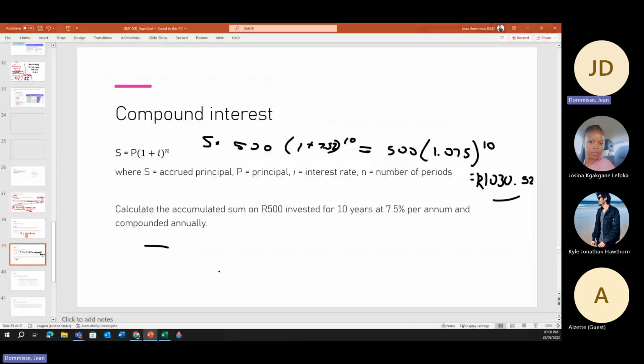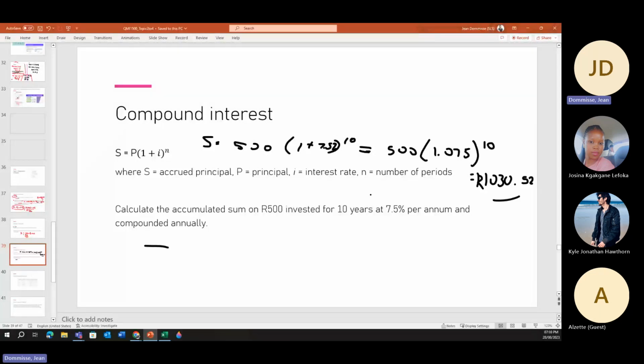Then I do it for 10 years, so 10 N. Let me change that, it is not 12 times a year, it needs to be 1 time a year. Then if you press your future value, it is also 1,052. You got that on your financial calculator as well.